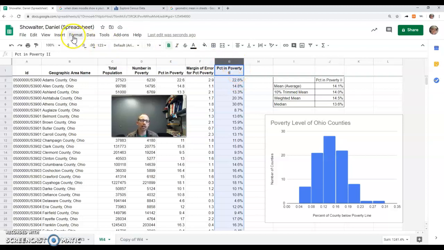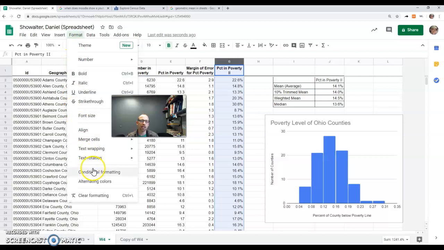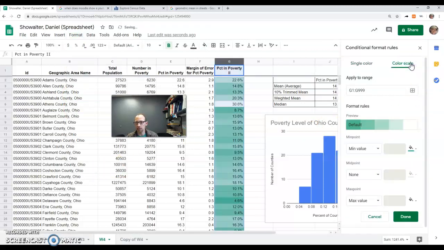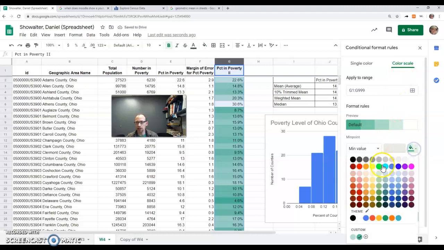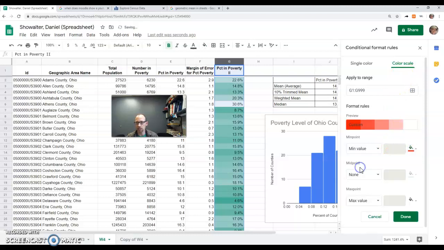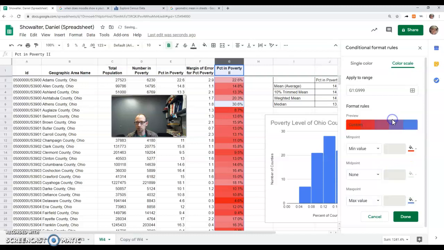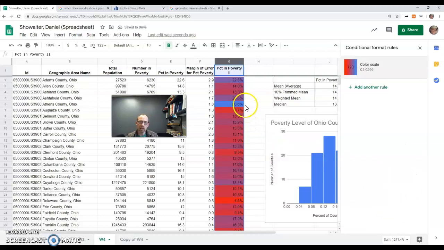You're going to click on that, click on Format, Conditional Formatting, and Color Scale. Your minimum value should be, let's put it as red. The maximum value, let's put that as blue. Click done.